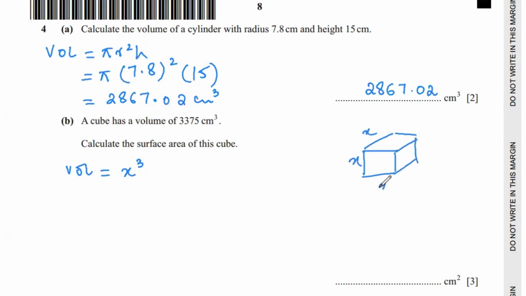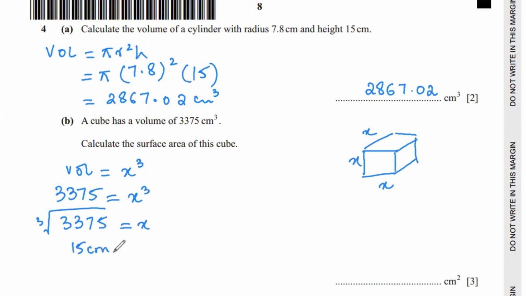All of these are x in this case. So 3,375 equals x cube. Cube root of 3,375 gives us the value of x, which is going to be 15 centimeters.